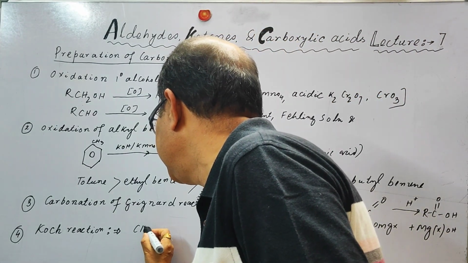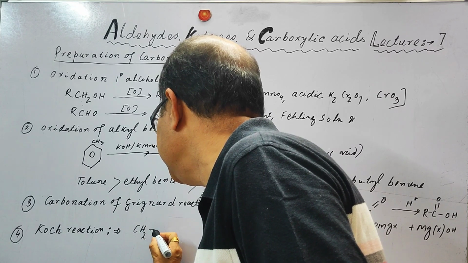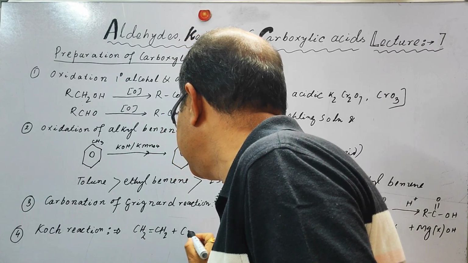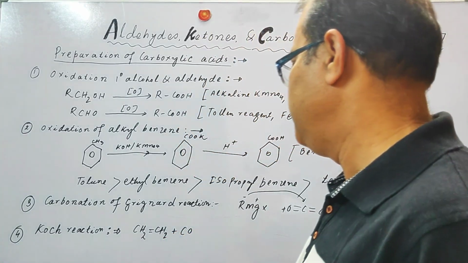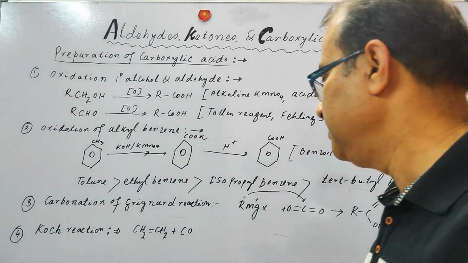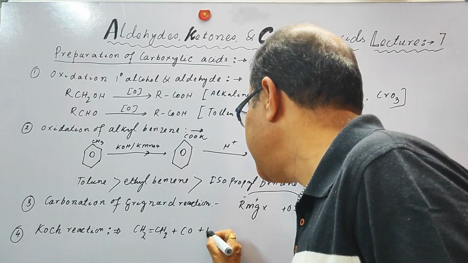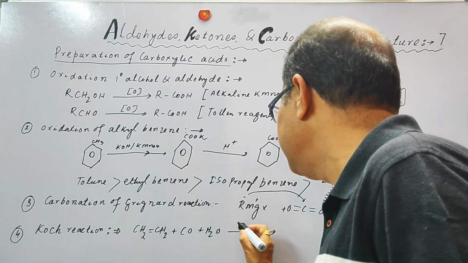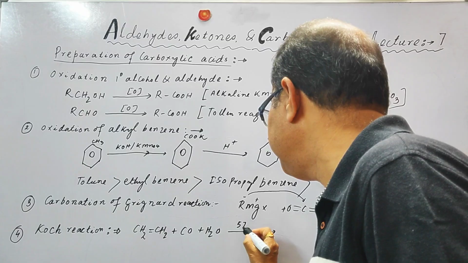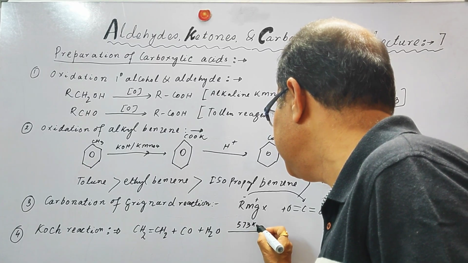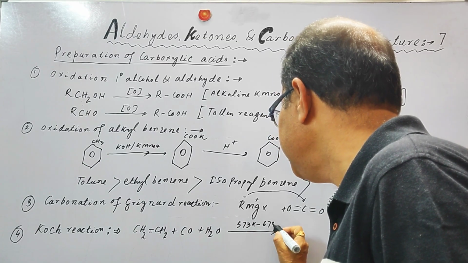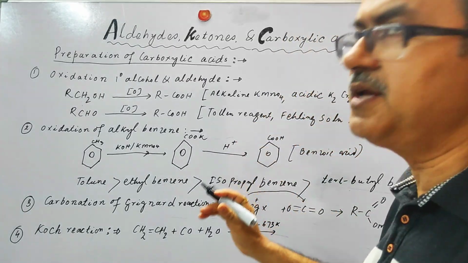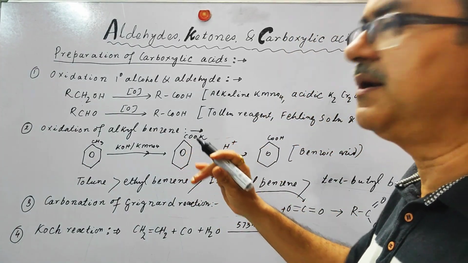We are taking ethene. Ethene is reacted with carbon monoxide and steam, with the temperature kept at 573 Kelvin to 673 Kelvin, and the reaction is under pressure.